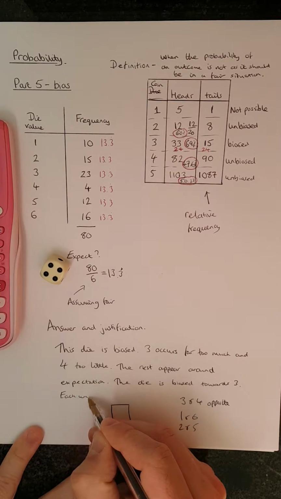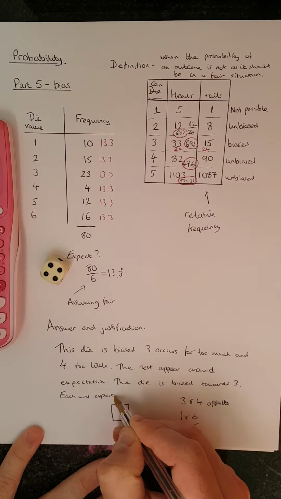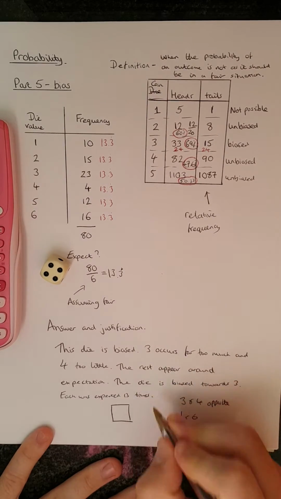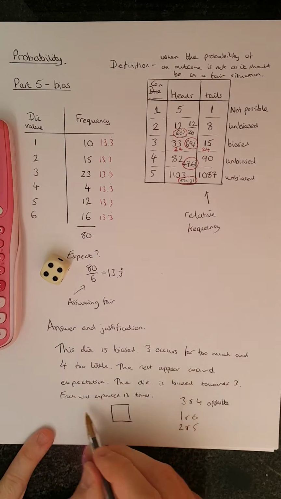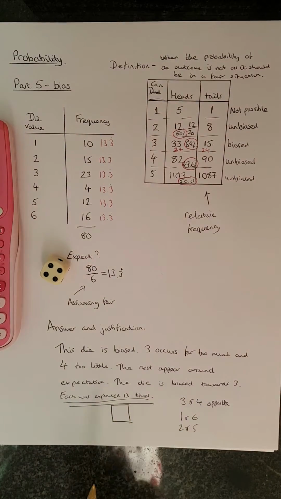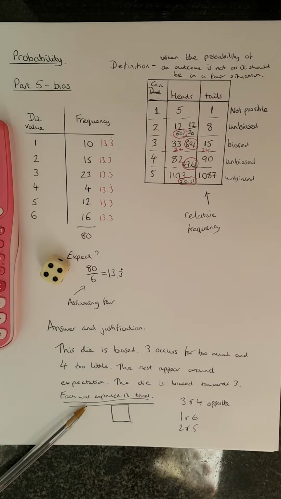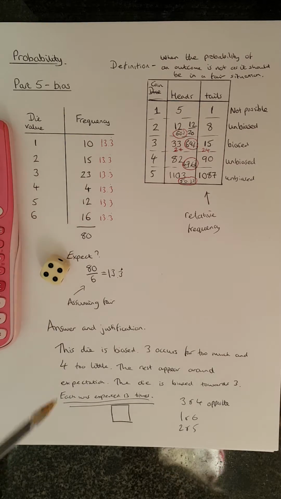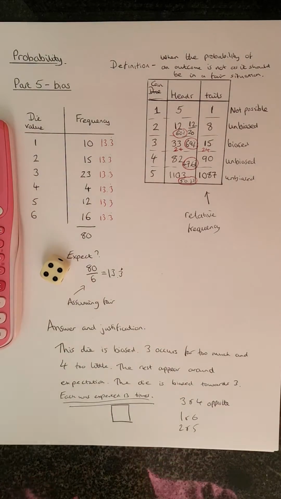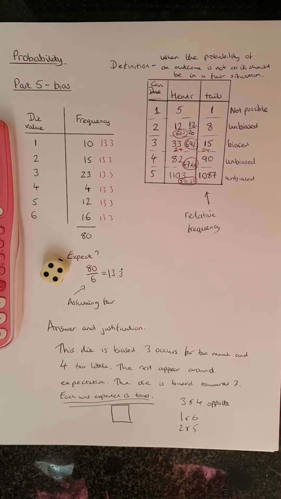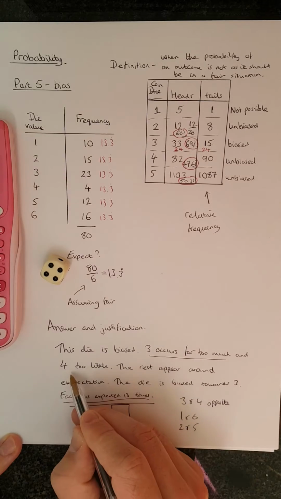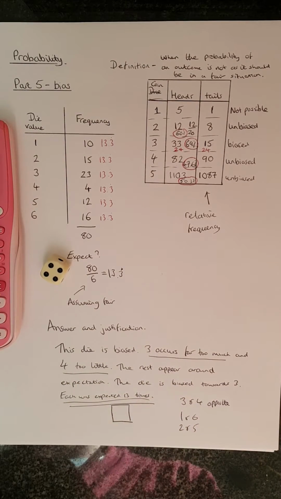Each was expected 13 times. This sentence here is crucial because if I hadn't written this down here, which I know you'd have done, there's no explanation on paper for what I'm saying here when I say that 3 occurs far too much and 4 too little.